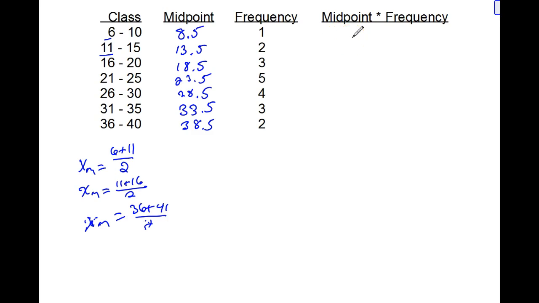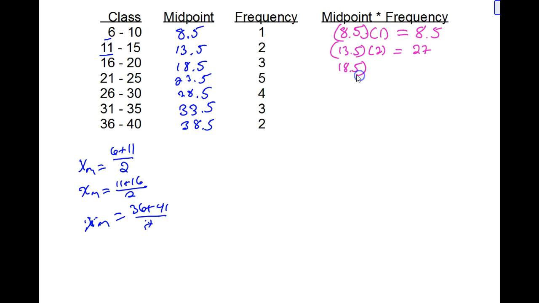So I'm going to take my midpoint, which is 8.5, and multiply it by 1 and get 8.5. I'll do the same thing on the next class. My midpoint is 13.5, and multiply it by the frequency of 2, and I'll get 27.